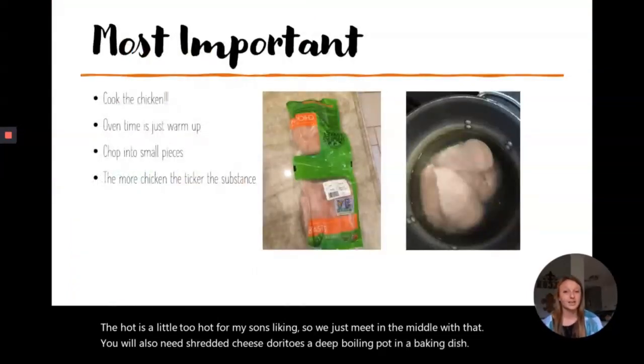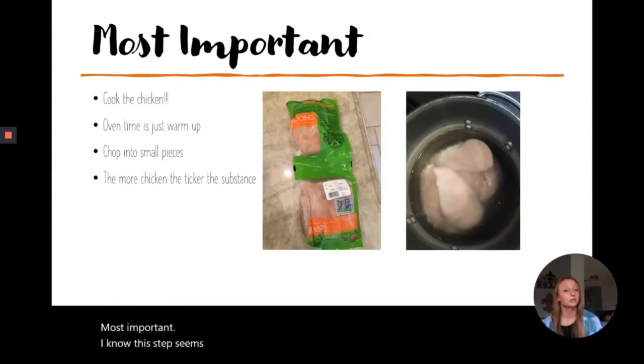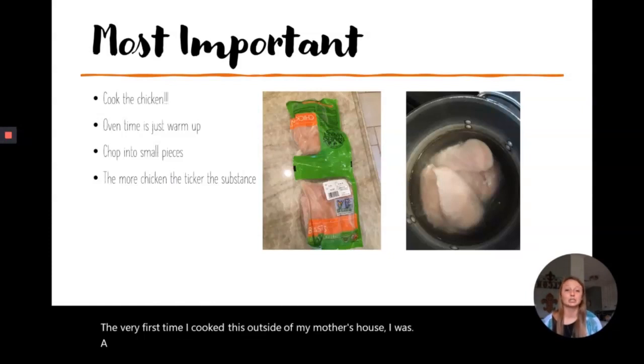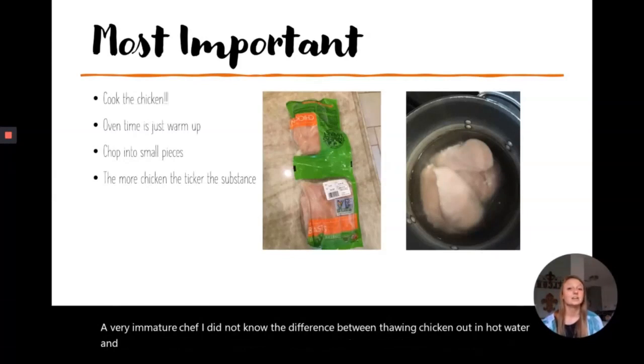Most important, I know this step seems a little silly, but cook your chicken. The very first time I cooked this outside of my mother's house, I was a very immature chef. I did not know the difference between thawing chicken out in hot water and boiling chicken in hot water.